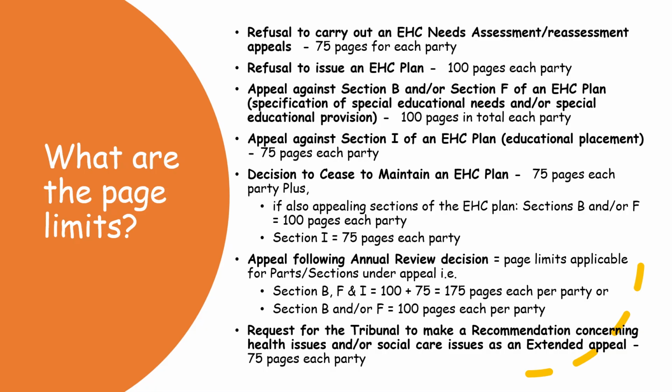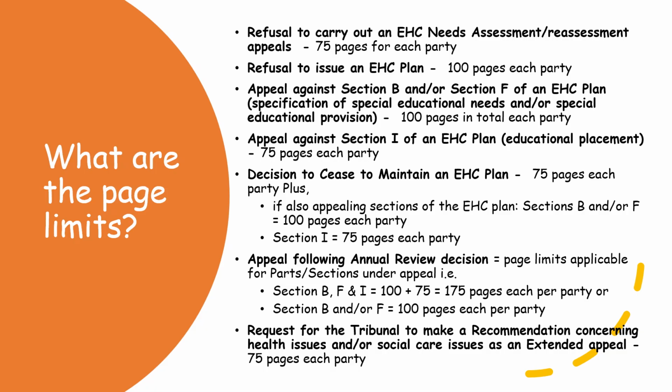So for example, a refusal to carry out an EHC needs assessment or a reassessment appeal is 75 pages for each party. A refusal to issue an EHC plan is 100 pages per each party. An appeal against Section B and or Section F of an EHC plan is 100 pages in total for each party.